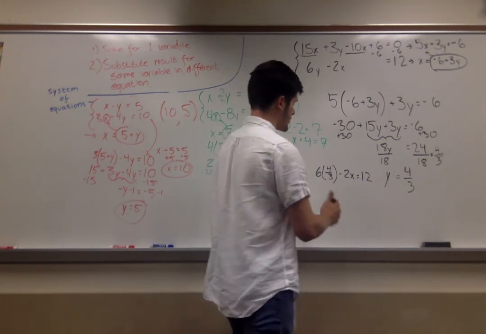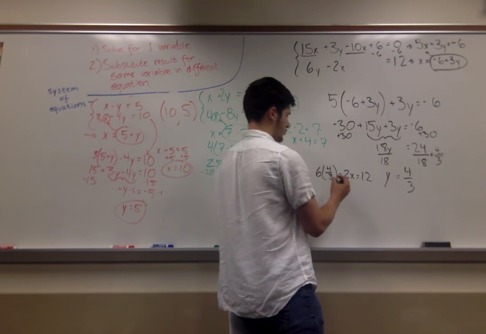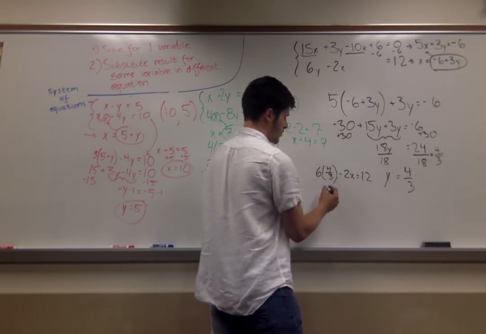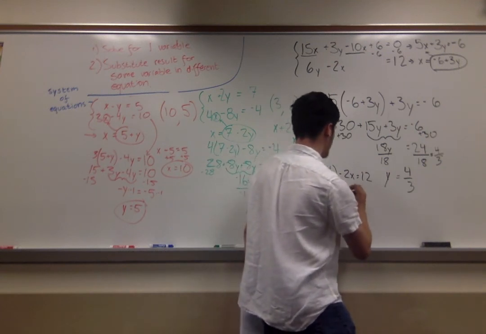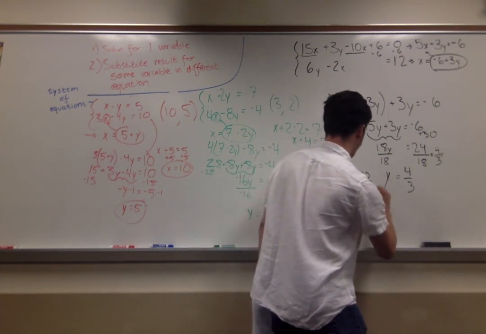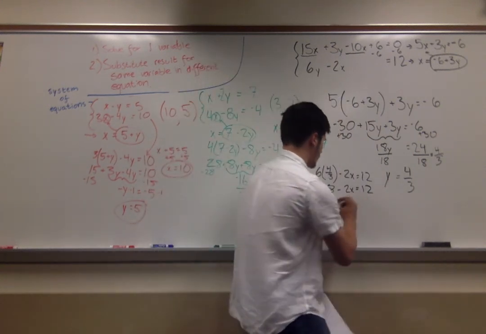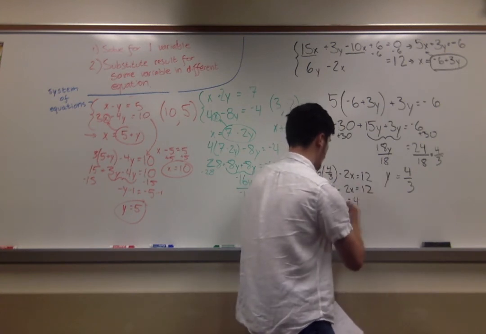6 times 4/3, drawing a blank, but it's 8. I don't know why I drew such a blank there. 8 minus 2x equals 12. And once we solve that out, we get negative 2x equals 4, divided by negative 2.